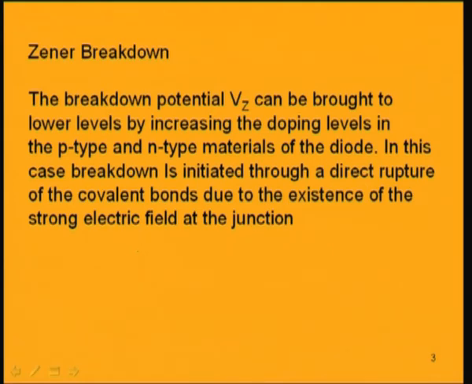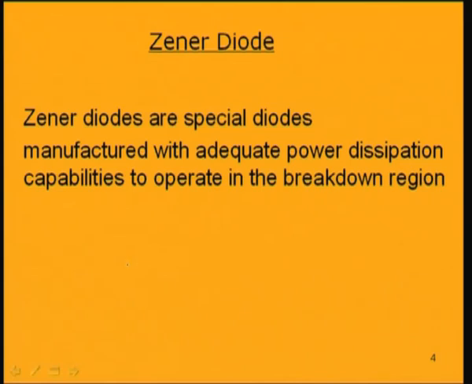Now, this breakdown potential VZ can be brought to lower levels by increasing the doping levels in the p type and n type materials. So, these Zener diodes exploit this breakdown phenomenon, which is effectively used for some special applications.